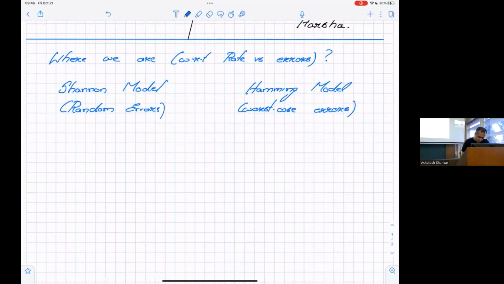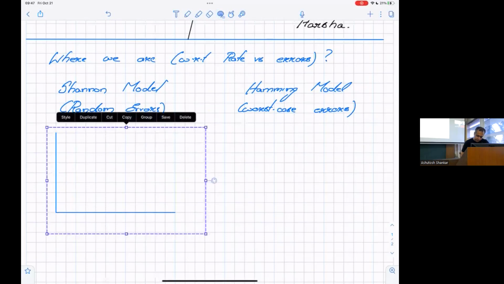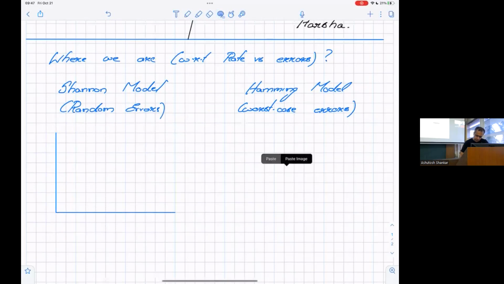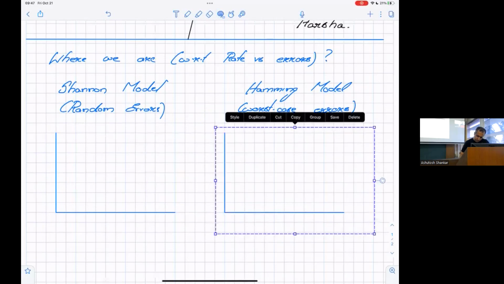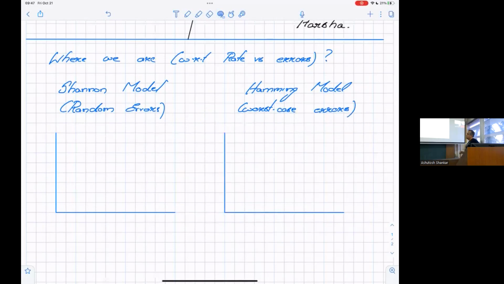I want to draw this rate versus delta curve. We want to plot these two curves.